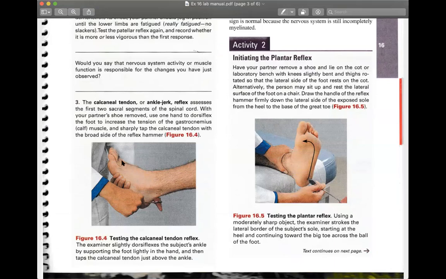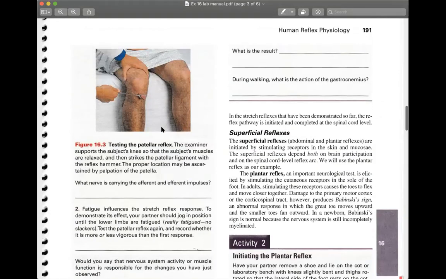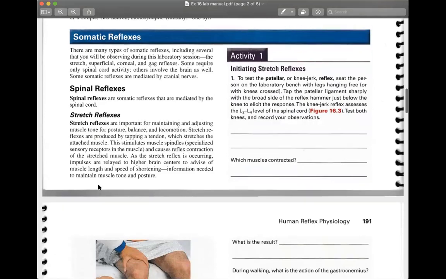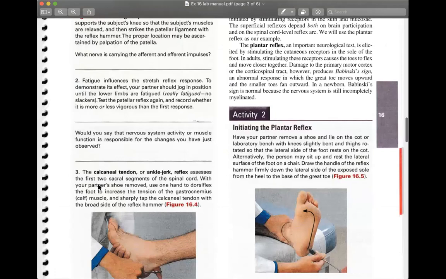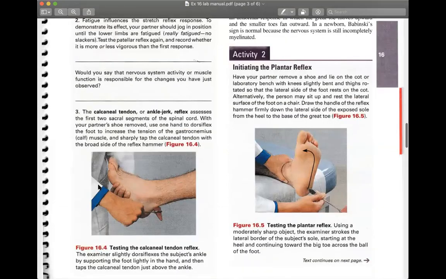You would by hand dorsiflex the foot and tap the Achilles tendon, and you would expect a plantar flexion reflex in response to that Achilles tendon being stretched. And again, just read through these, but as far as the purpose: muscle tone for posture, balance, and locomotion. If you've ever done these little gags where you come up behind somebody and push them a little bit, you lean one way and you catch yourself.